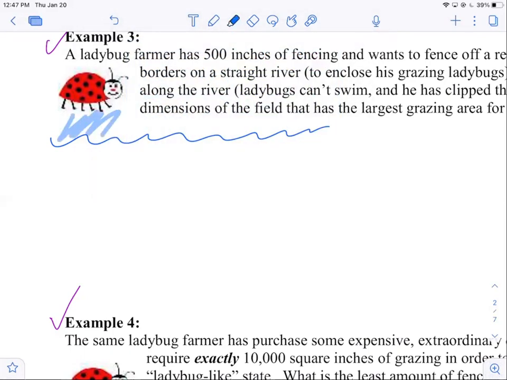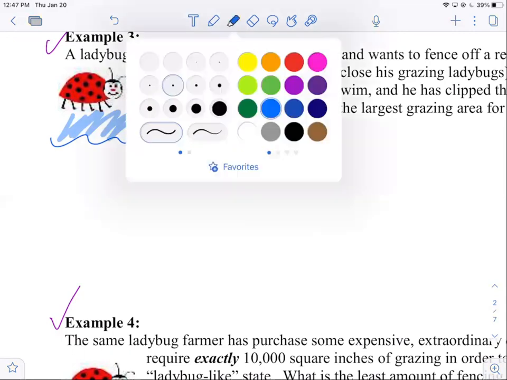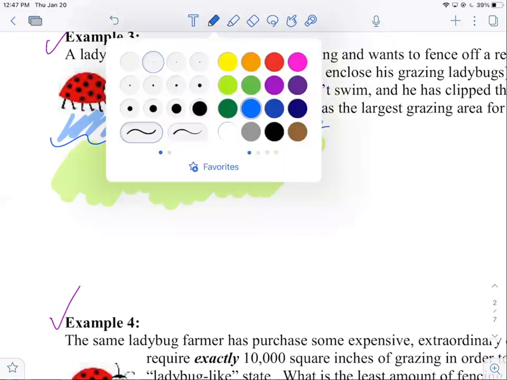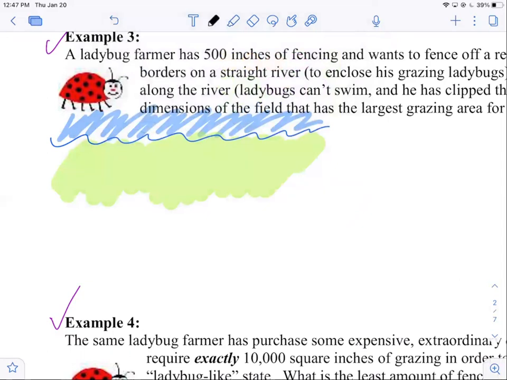So I'm going to have my river be up here, and then I'll make the grazing area down below. So here's the green grass, and what he's going to do is this. He's going to fence off. So it's going to come out, it's going to go across, and it's going to come out like that. And then his ladybugs are going to be all in here grazing. Okay.